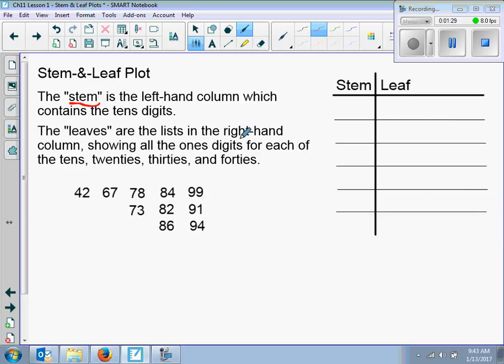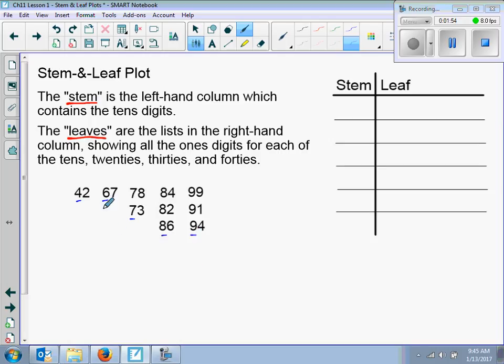The leaves are the lists in the right-hand column showing all of the ones digits for each of the tens place values. So in the stem side, we're going to put all of the tens values.